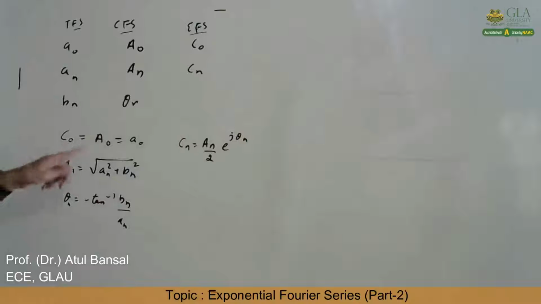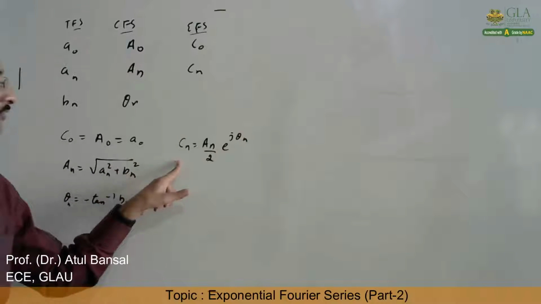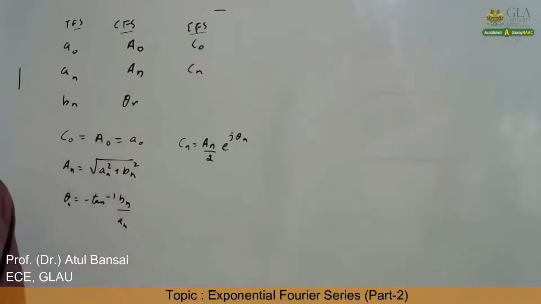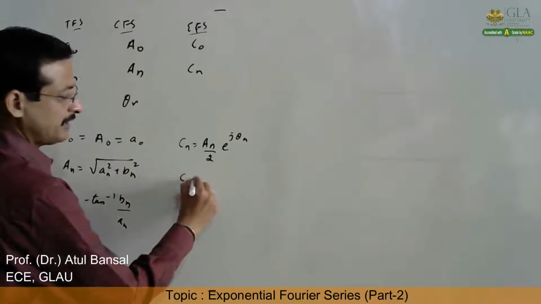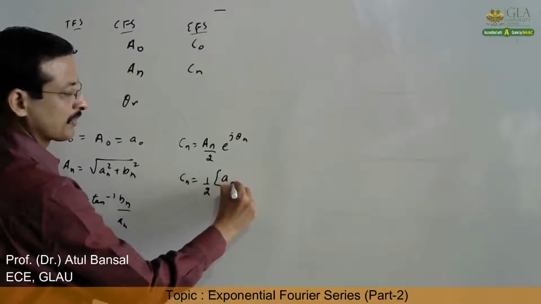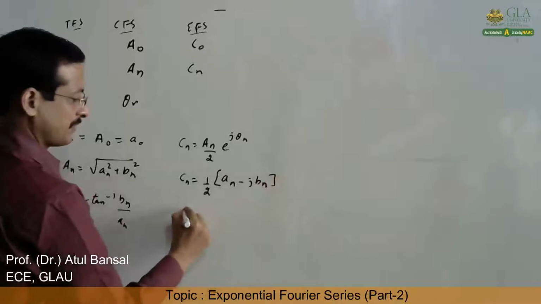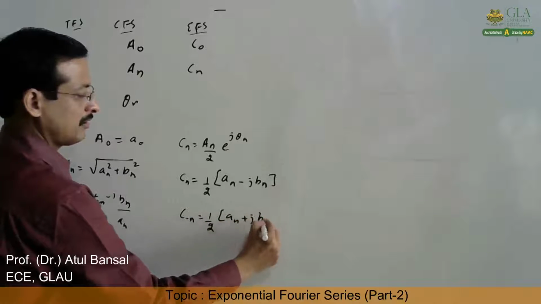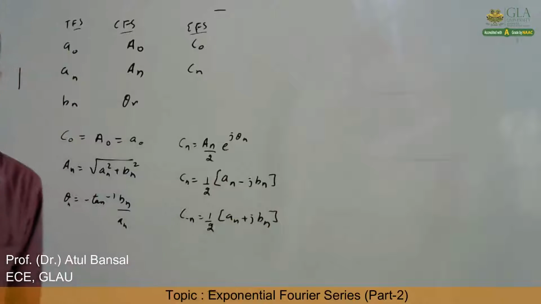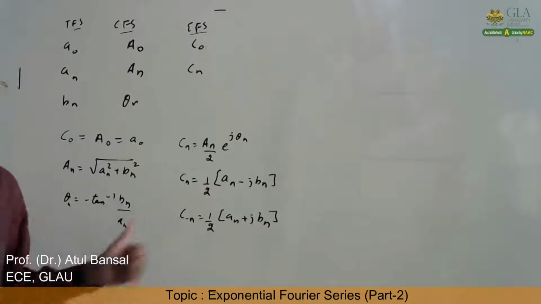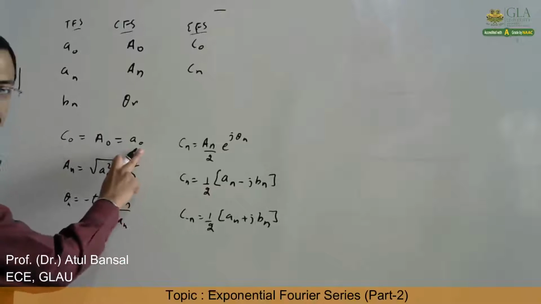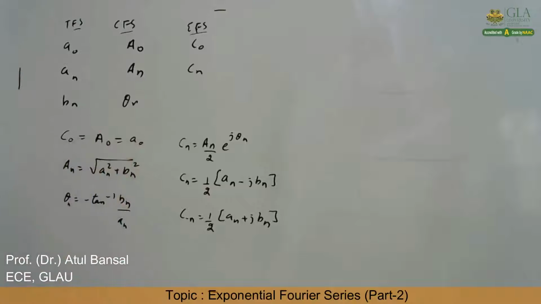That is how exponential Fourier coefficients are indirectly related to the trigonometric Fourier coefficients. But directly we can also write Cn equals 1 by 2 (An minus jBn), and C of minus n equals 1 by 2 (An plus jBn). Right? And C0 with A0 we have already written. These all three are the similar DC component or the average component of the signal.